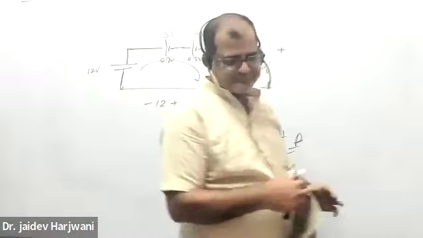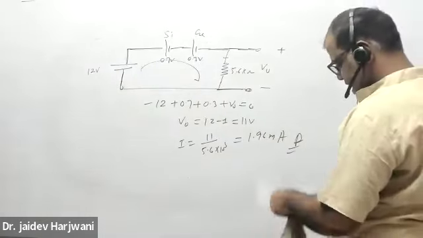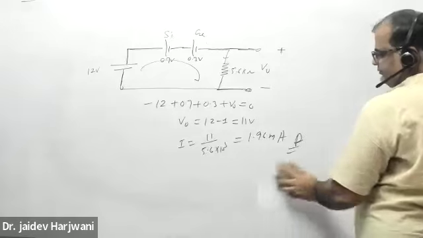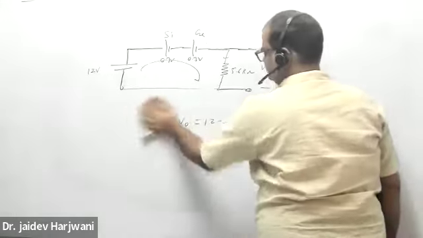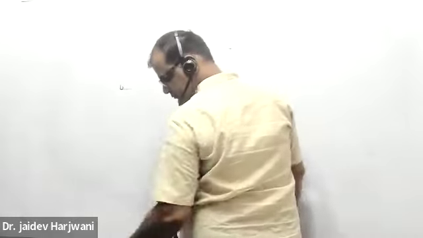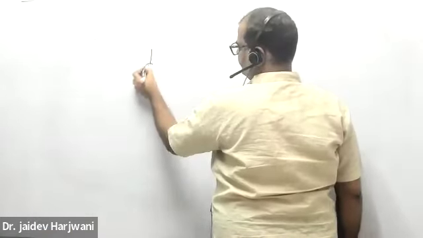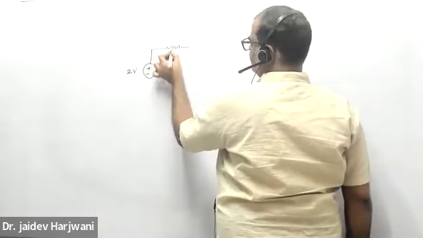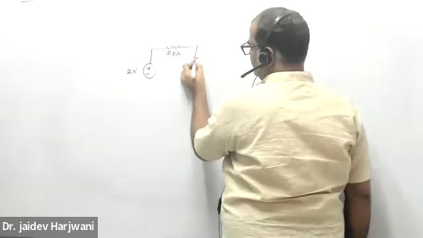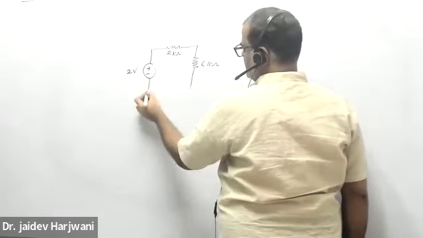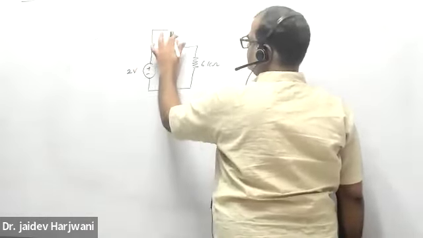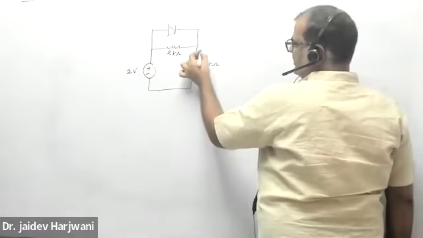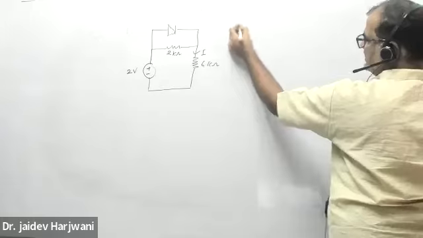Let me do one more problem. Okay. Find the current in 6 kilo ohm.